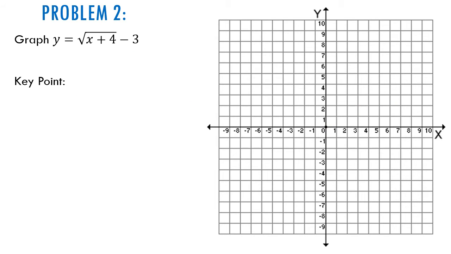All right, so we're going to go y equals the square root of x plus 4, minus 3. My goal here is to get the key point, and the key point comes from here and here. So we ask ourselves the classic question that I've asked many times in this course before: what number plus 4 would equal 0?